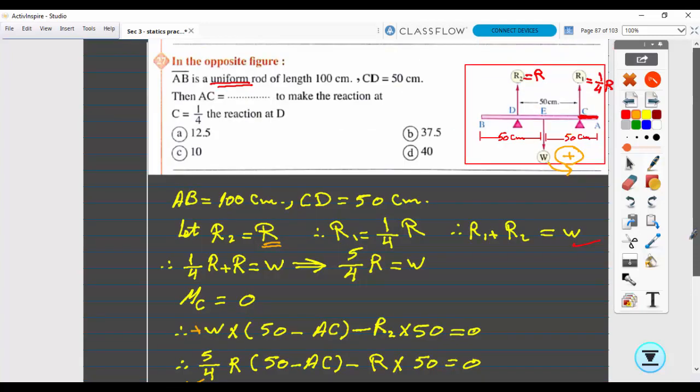Why is it negative here? Because it is clockwise, so the moment of R2 is negative.